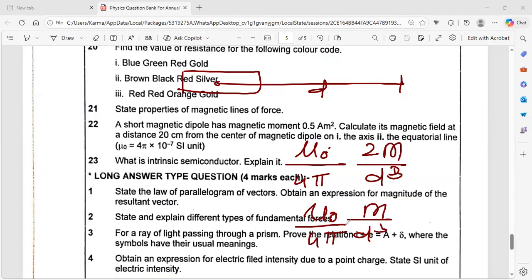Magnetic dipole moment is given as 0.5, and 20 centimeter from the center. Do not forget to convert into meter, 10⁻². And you get the answer.